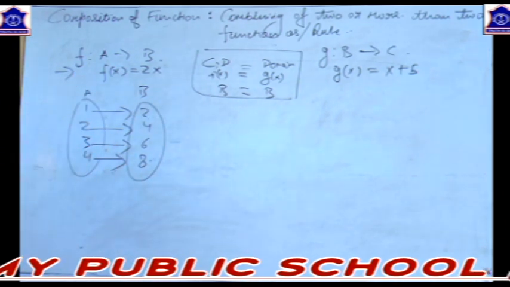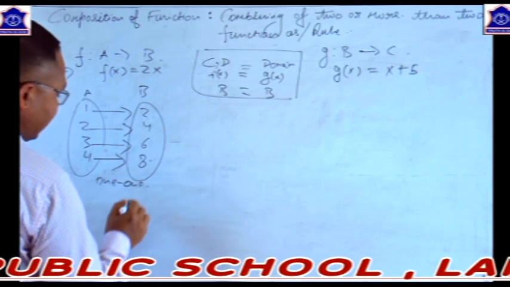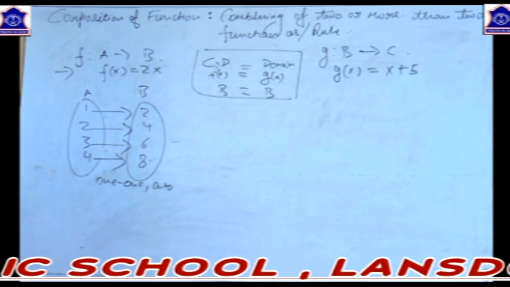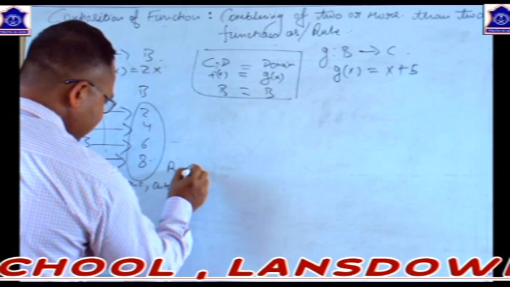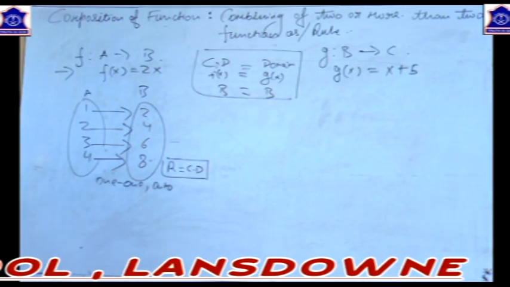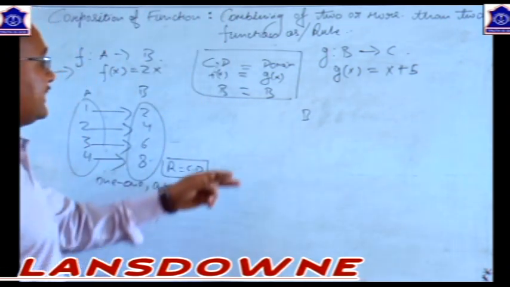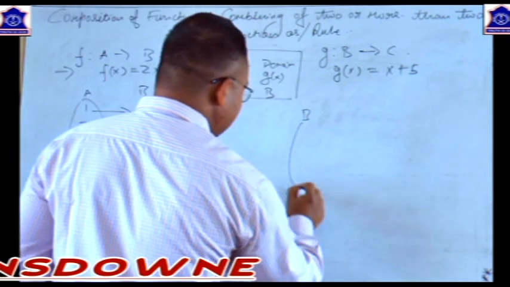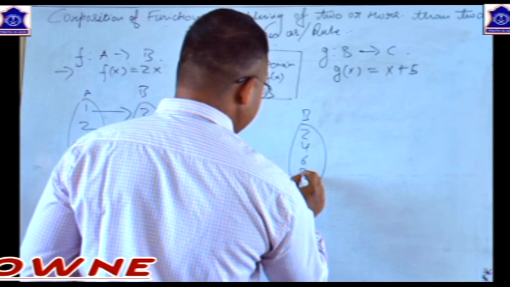So here you can see that this function is a 1-1 function, and this is onto also here. Why? Because the range of the function is equal to the codomain of the function. This concept I explained earlier. And as I said, this function gx has a domain as set B, so the elements of set B are 2, 4, 6 and 8.